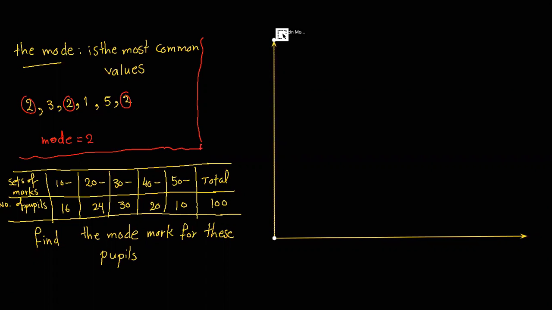The relation between frequency on the vertical axis and the sets on the horizontal axis. Then the values start here with 0, then 10, 20, 30, 40, 50, and 60, like here.